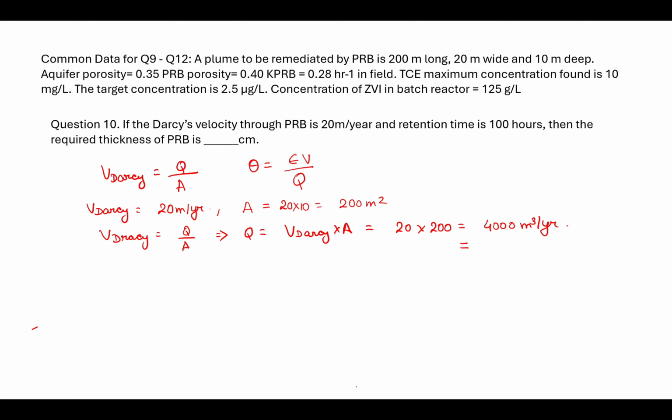So it will be 4,000 divided by 365 days in a year multiplied by 24 hours in a day. It is coming out as 0.456 meter cube per hour.